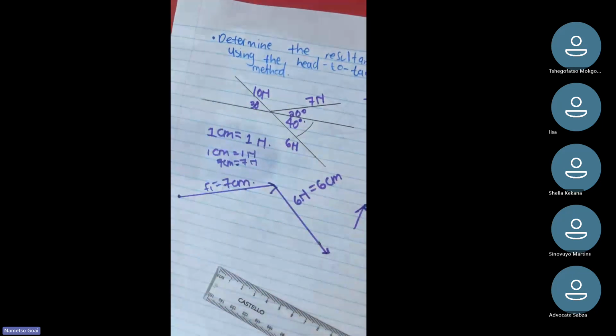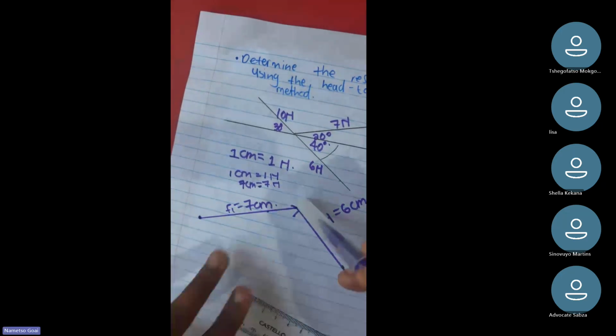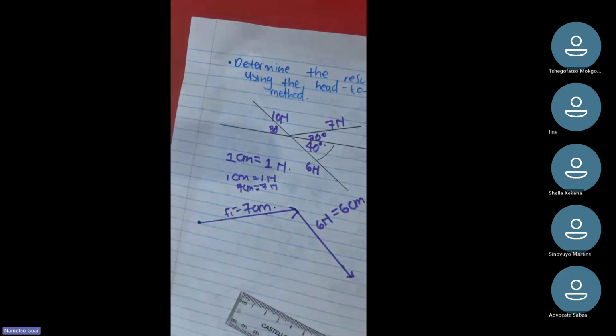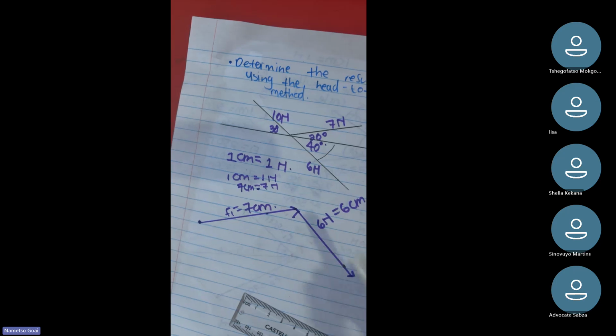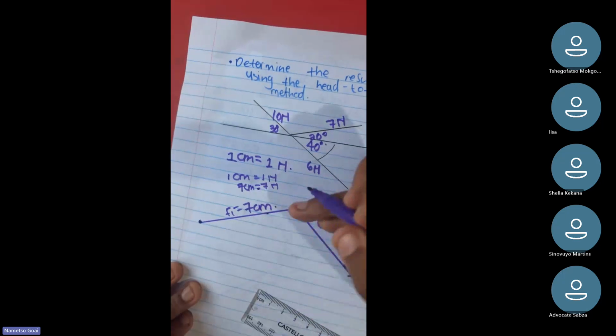The 10 Newton one. Because it's head to tail, from the head of the first one, we drew the tail of the second one.